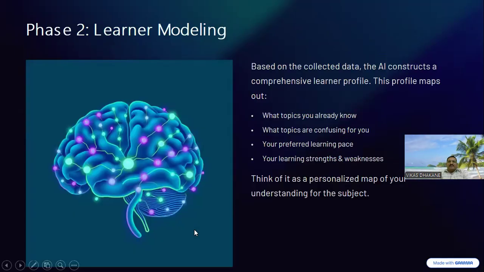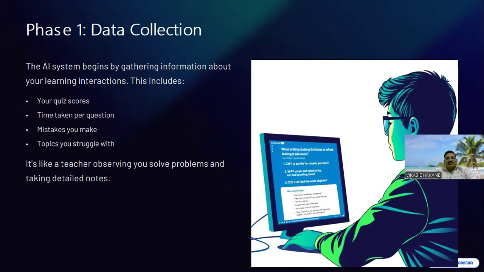The same steps, with some more details, I have explained here. The first step is data collection. While doing adaptive learning in artificial intelligence, the AI system begins by gathering information about your learning interaction. Now, what kind of information does it gather?